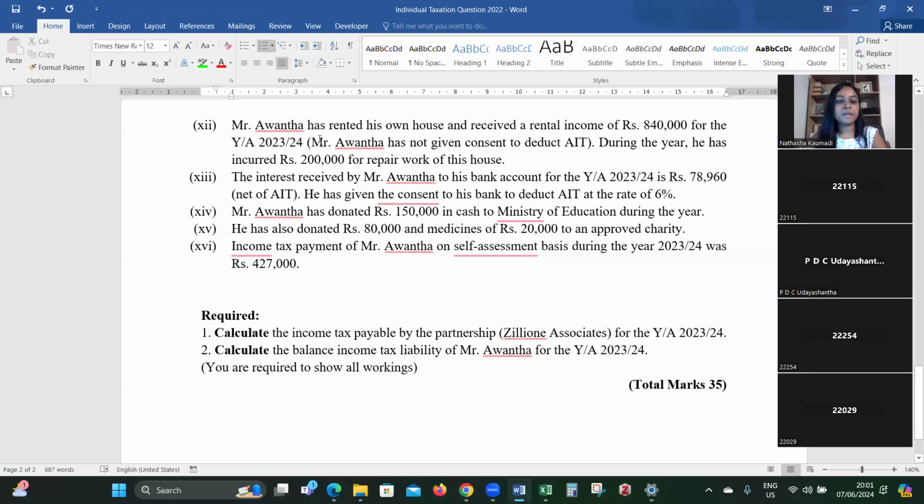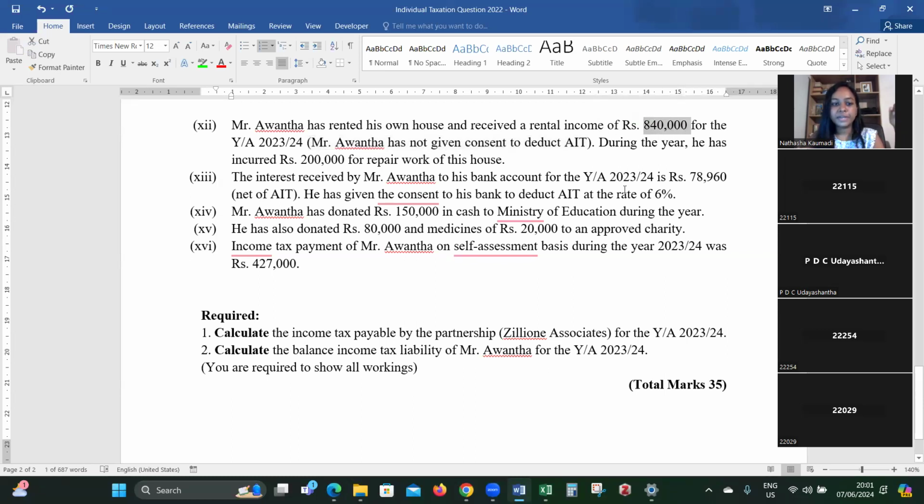The first one, Mr. Avantha has rented his own house, and received a rental income of this amount. You told me now this is gross rent income, right? Why? Mr. Avantha has not given consent to deduct any AIT. So you can take it 840,000.